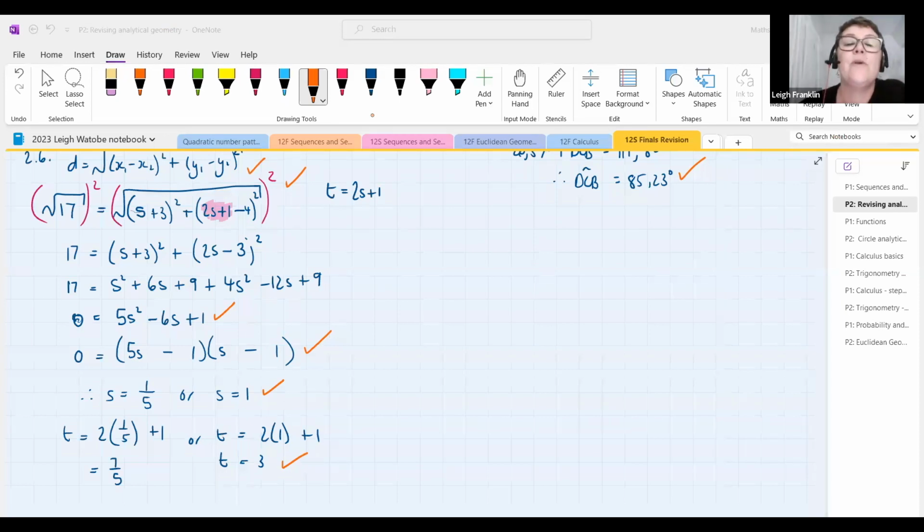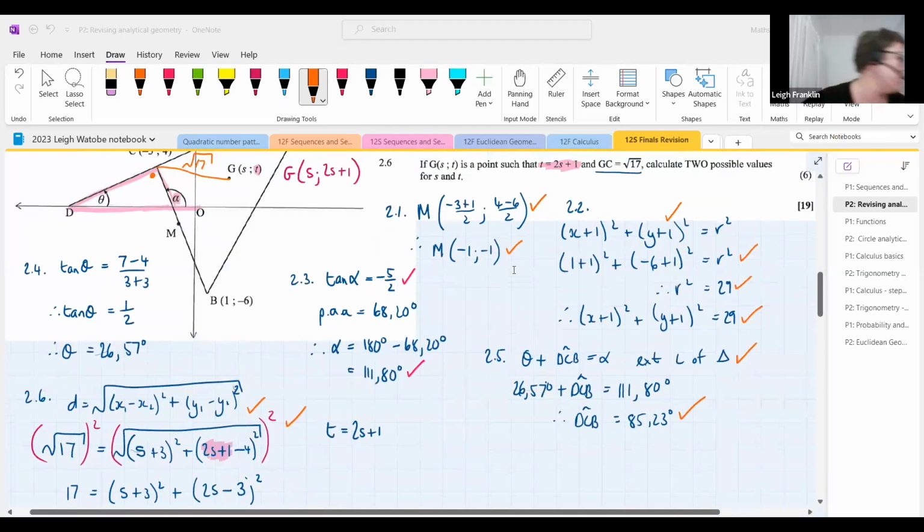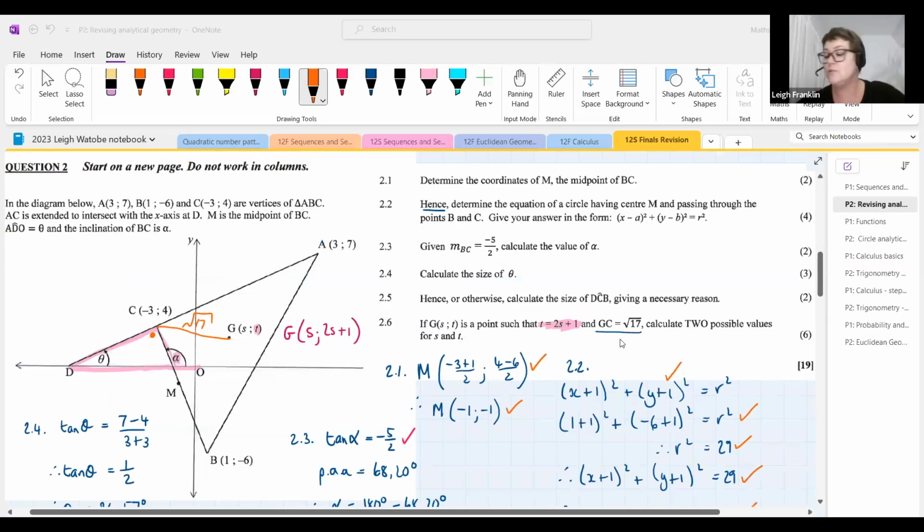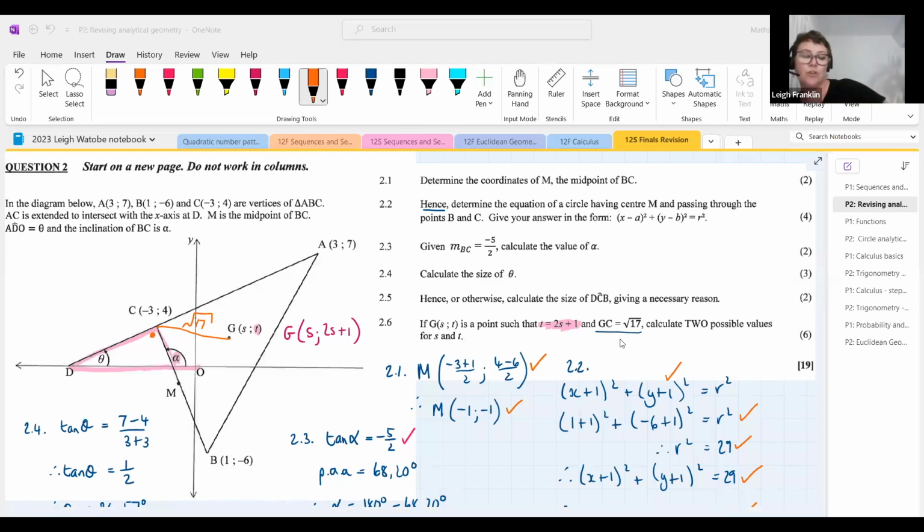Because Simpiwe, sorry, it's difficult for you guys because, you know, you haven't got the questions right in front of you. We're using distance formula, Simpiwe, because they told us the length of GC. Do you see that now when you look at question 2.6 again? Okay, they told you that the length of GC is root 17. Okay, so because they gave you the length of GC, this is a question where we've been given the length of a line.